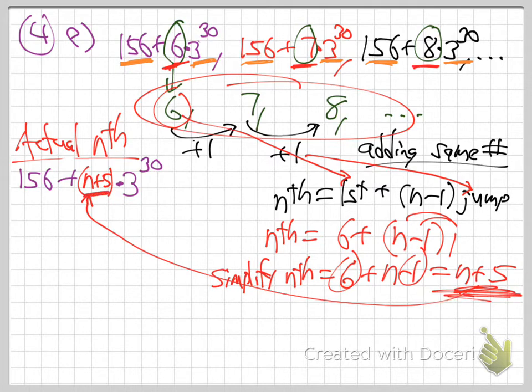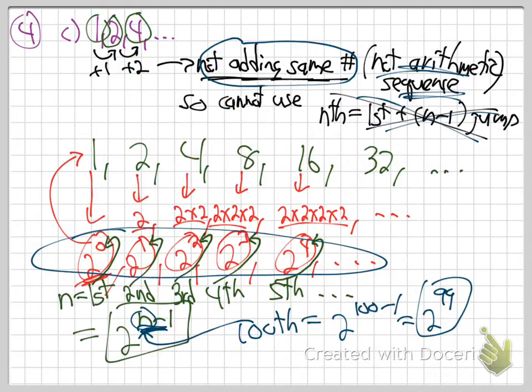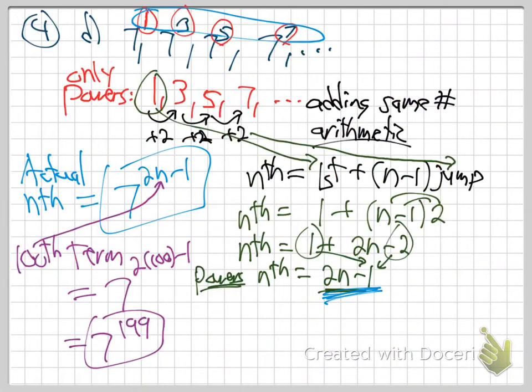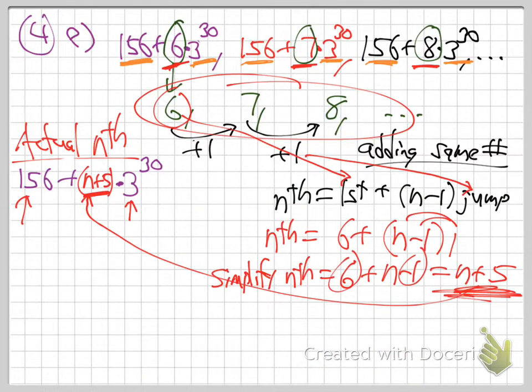That's what goes in the middle, with a 156 in the front and a 3 to the 30th at the back. So this will be 156 plus n plus 5 times 3 to the 30th.